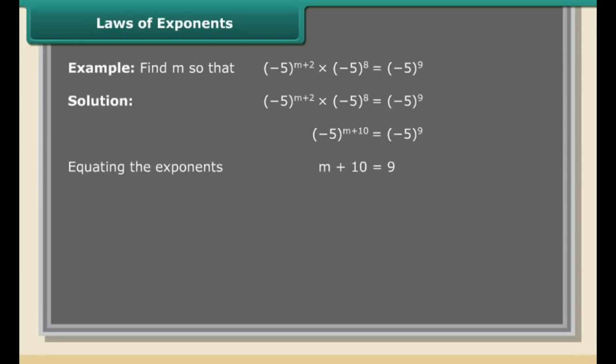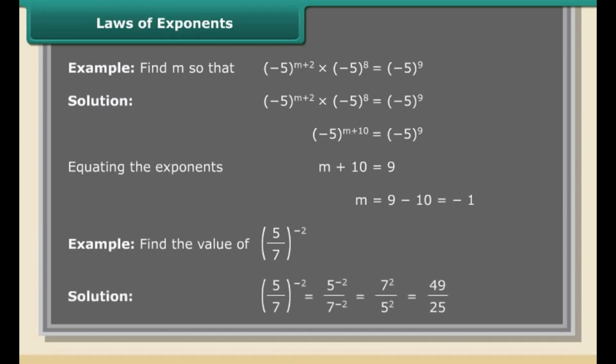Equating the exponents, m+10 is equal to 9. m is equal to 9 minus 10, which equals -1. Example. Find the value of (5/7)^(-2).